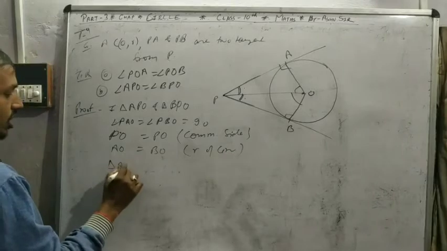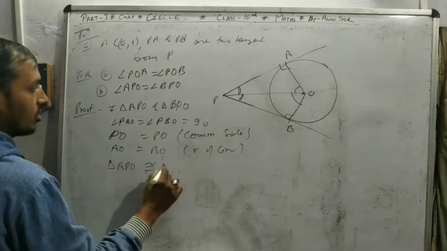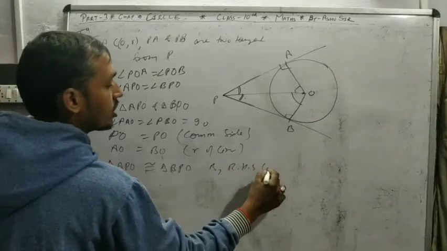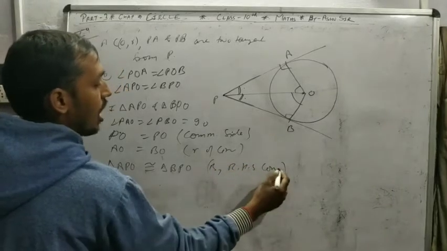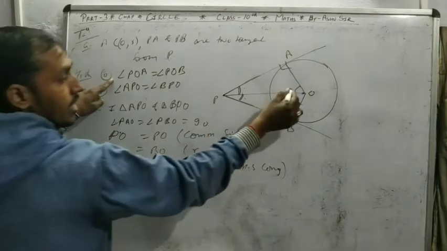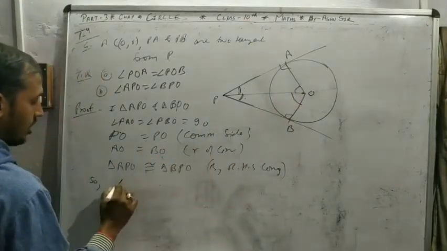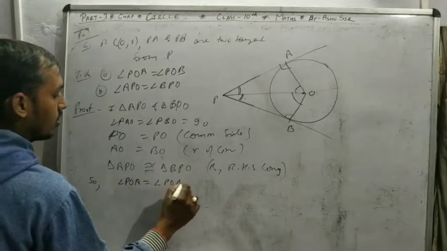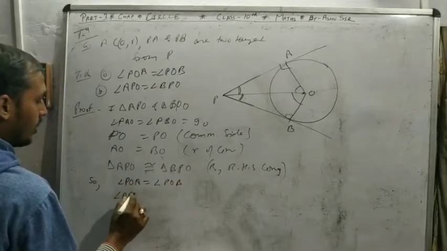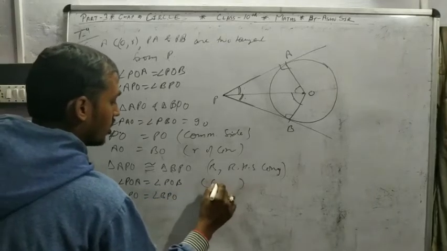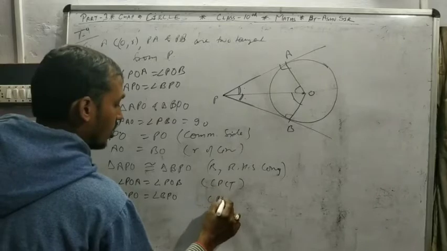So triangle APO is congruent to triangle BPO by RHS congruency. By CPCT, corresponding parts are equal, meaning angle POA is equal to angle POB, and angle APO is equal to angle BPO.